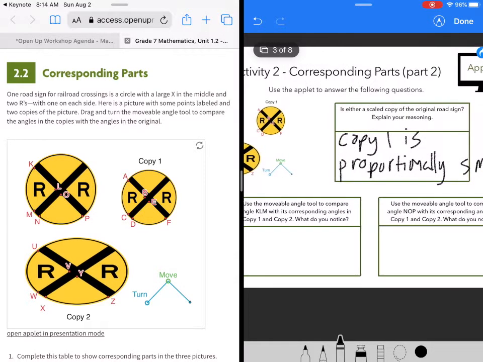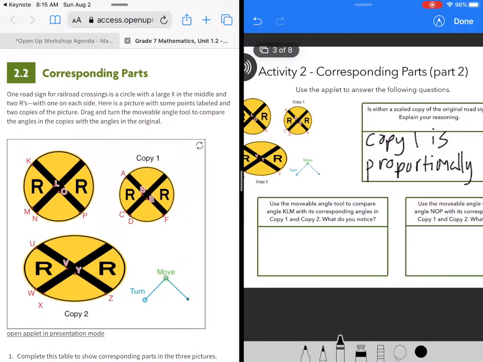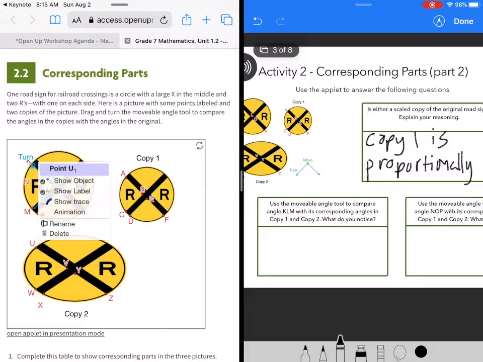So then it says use the movable angle tool to compare angle KLM. So you have to tap where it says move and then you can pick it up. So KLM. So I'm going to have to turn it using that turn. So there we go.